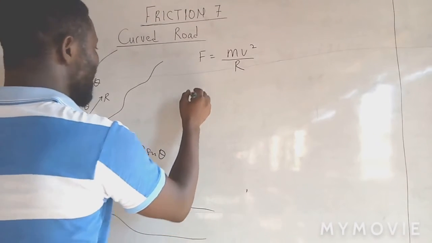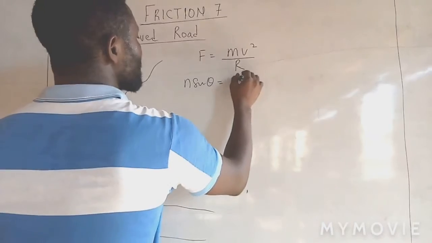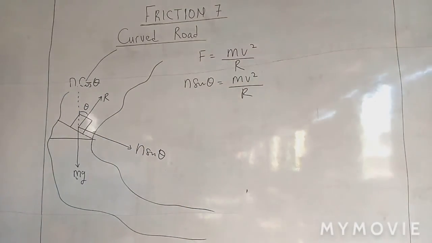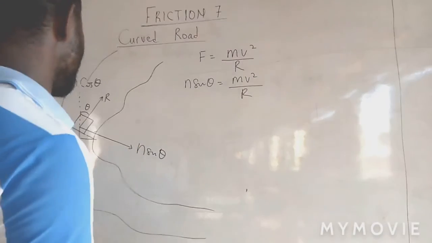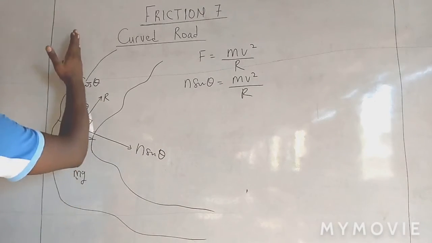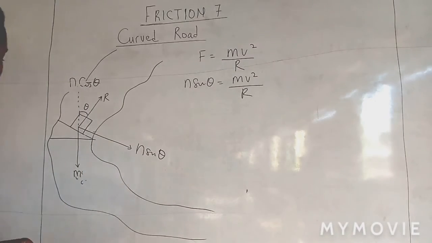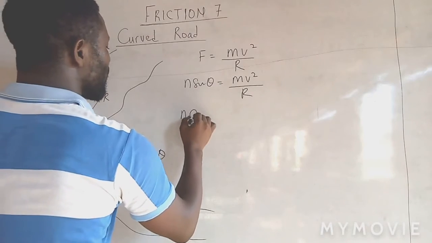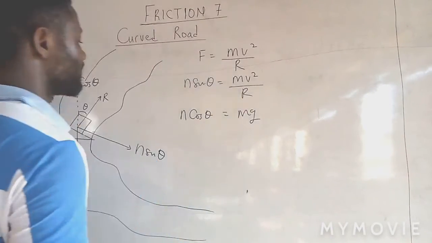So we have N sine theta equals mv square over R. Along this line, vertically like this, there is no motion. So we have N cos theta is equal to mg.